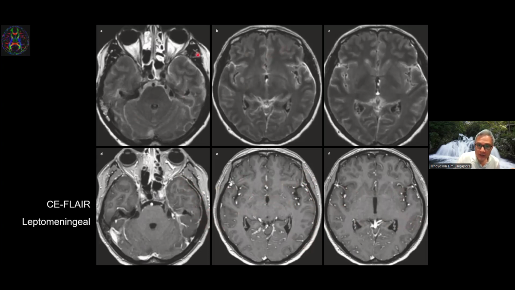On the FLAIR, you can also see that the enhancement is accentuated in some of these areas, and specifically in the CSF in the prepontine system, abnormal contrast leakage and enhancement is very much more noticeable than when compared with the T1 weighted. So in some hands, contrast-enhanced FLAIR has been very helpful in bringing out the abnormalities.